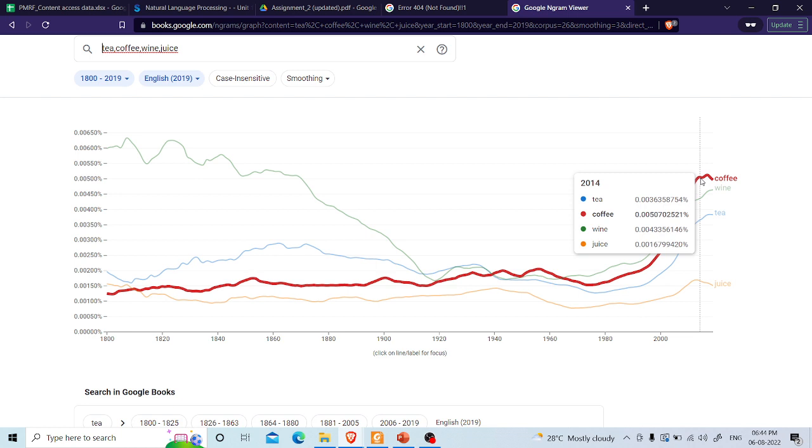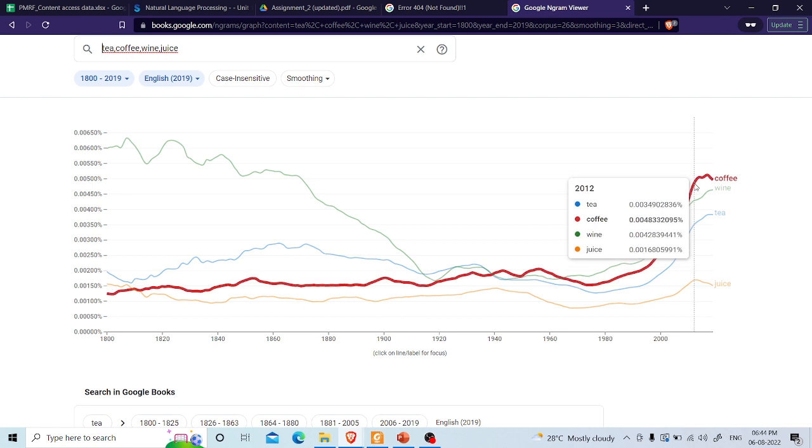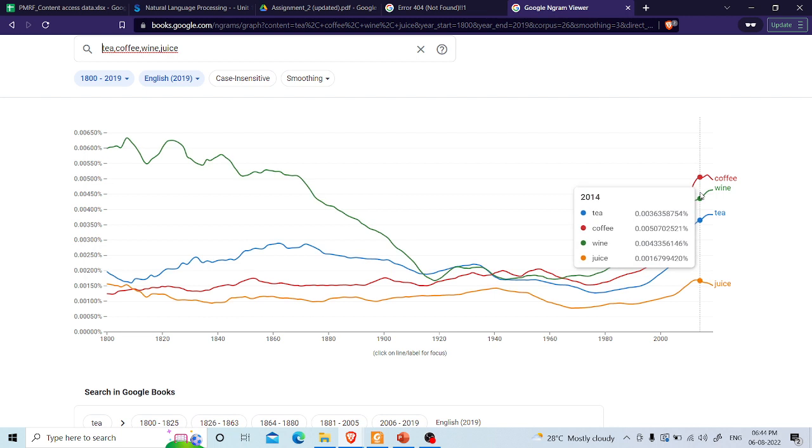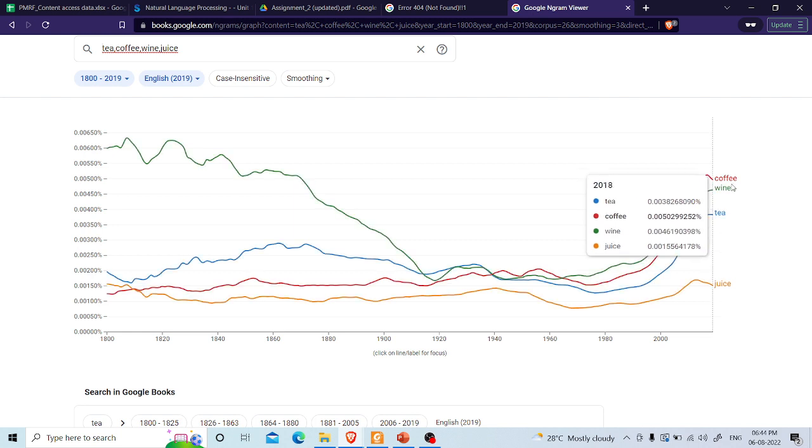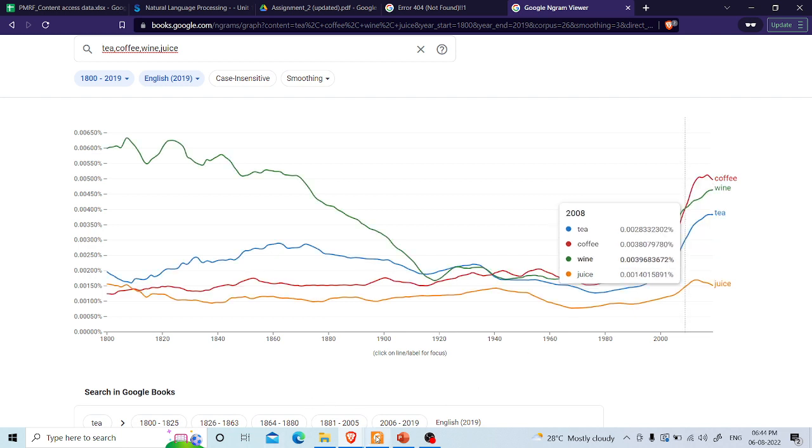As of the year 2014, tea is occurring with the probability of 0.003, coffee with 0.0048. Let us see for the year 2018. Here we can see that coffee has the highest probability, then wine, then tea, and then juice.